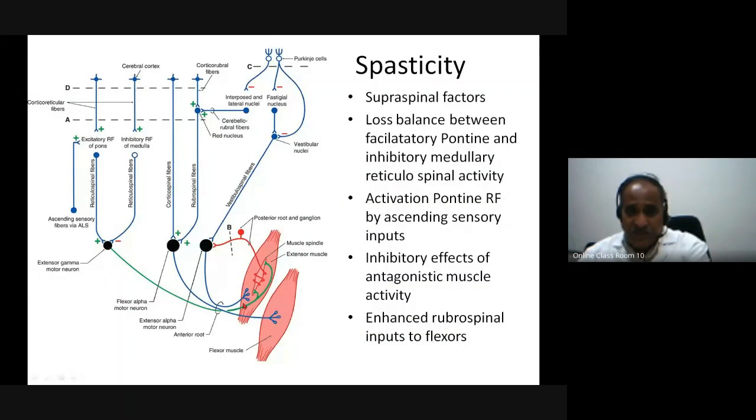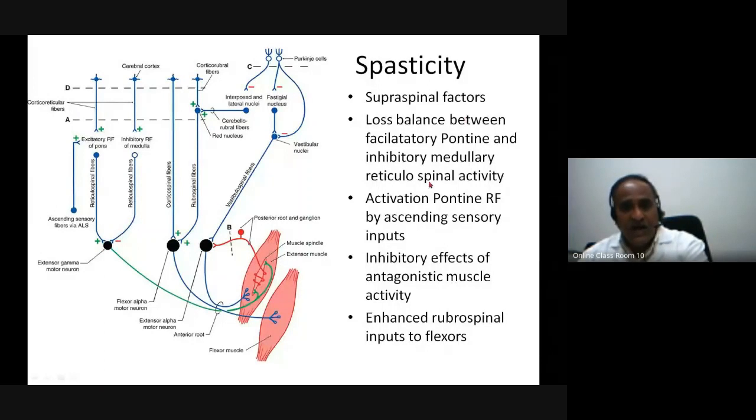They will greatly increase the gamma motor neuron discharge. Suppose one of these things is lost, in that case, there will still be a greater gamma motor neuron activity. Suppose this is lost in its entirety, then the gamma motor neuron is in the control of the rubrospinal or reticulospinal tract coming from the medullary component, and there is a decreased tone.